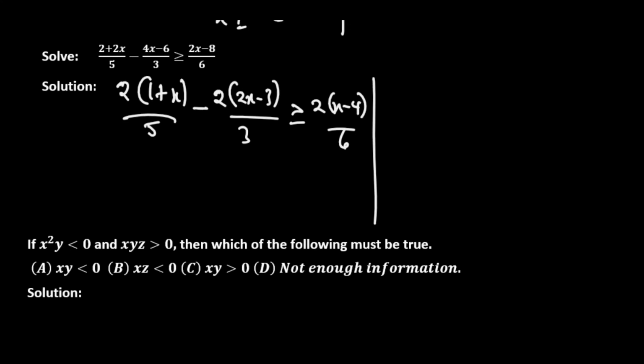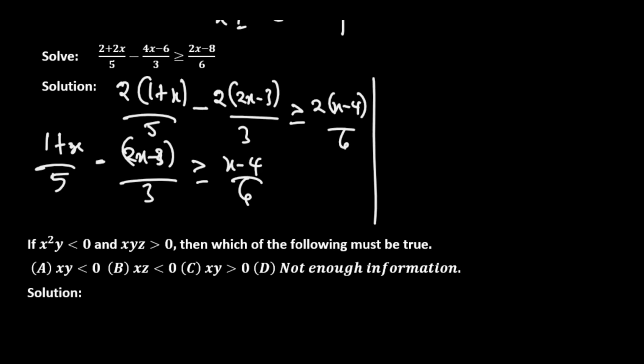So 2 is common in all. So we have 1 plus x over 5 minus 2x minus 3 over 3 greater than or equal to x minus 4 over 6.